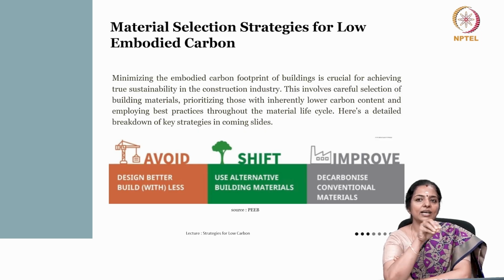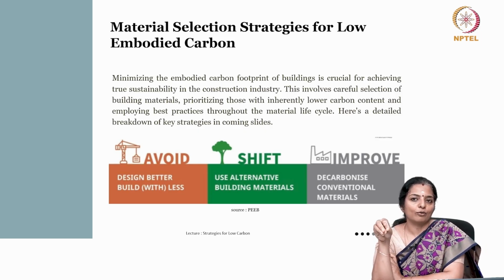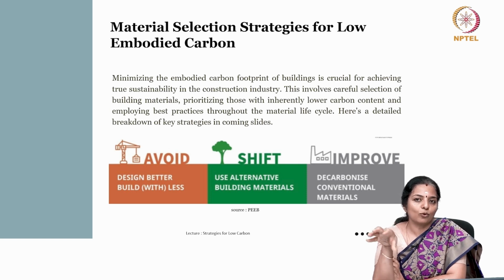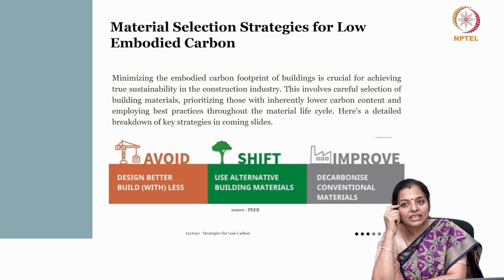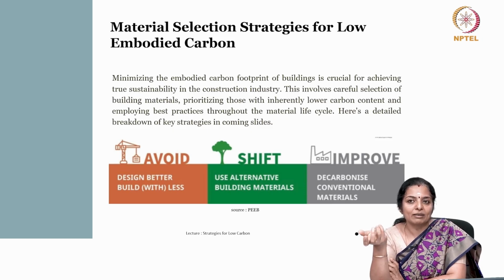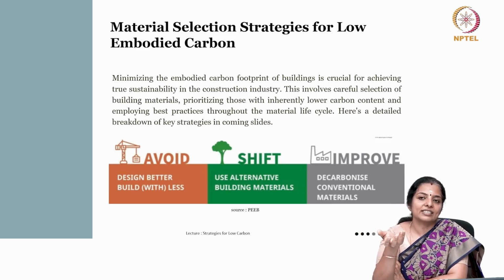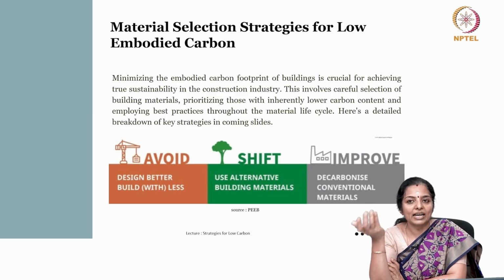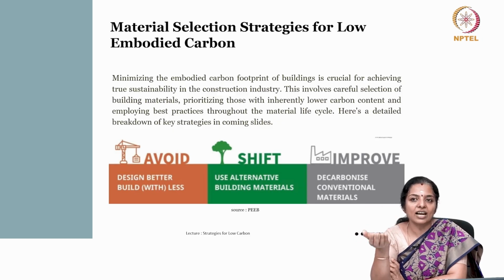Now, let us look at a small breakdown of key strategies in the forthcoming slides. We have already seen that reinforced concrete frame structures are used in constructing a building, while for claddings and openings, we use glass and aluminum. These are our conventional material choices.